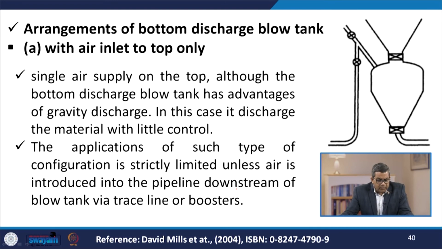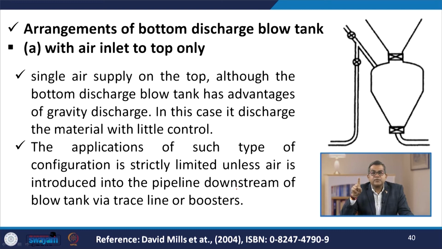Now when we talk about the arrangements of a bottom discharge blow tank with air inlet to top only. Now, single air supply on the top, although the bottom discharge blow tank has advantages of gravity discharge. In this case it discharges the material with little control.